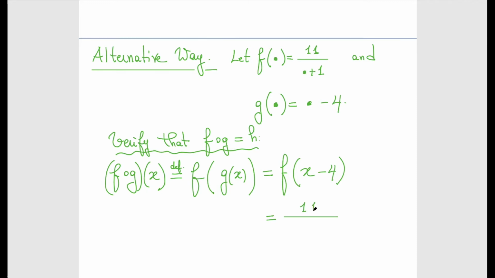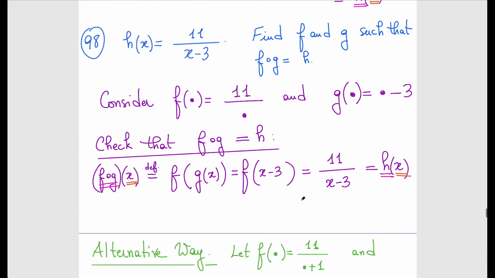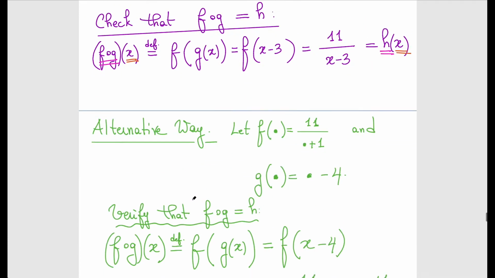So it's 11 over the input, which is x minus 4, plus the 1. Agree with me? So we get this. And now, what's downstairs? x minus 4 plus 1. Isn't it x minus 3? Minus 4 plus 1, isn't it minus 3? So x minus 3. And 11 over x minus 3, take a look. 11 over x minus 3, wasn't it h of x? That's h of x.